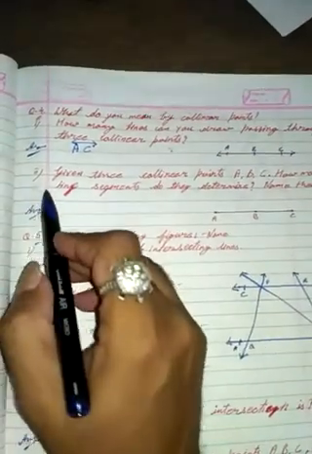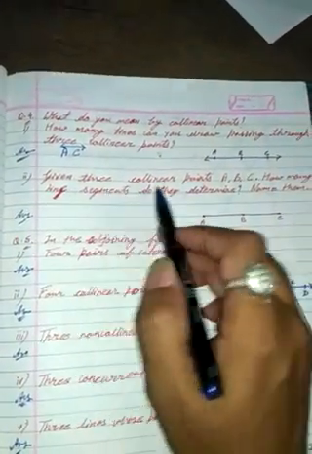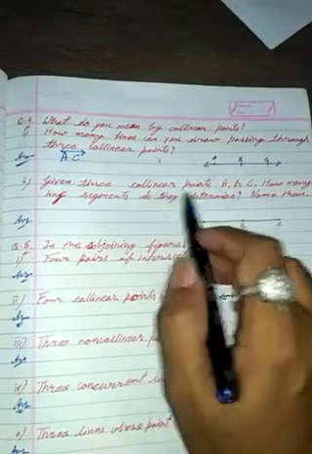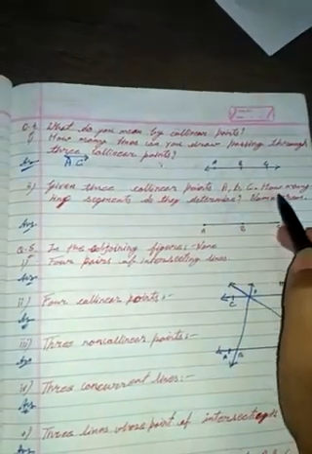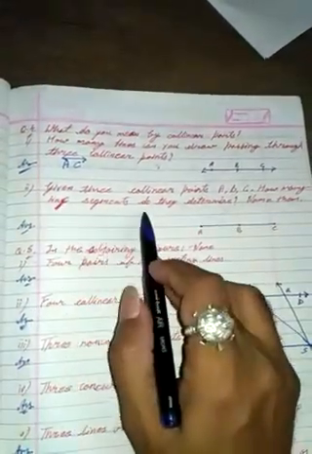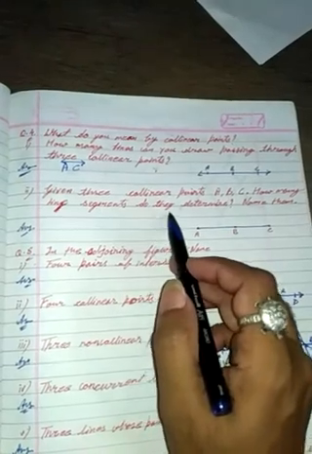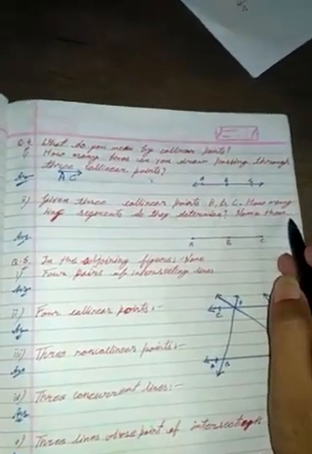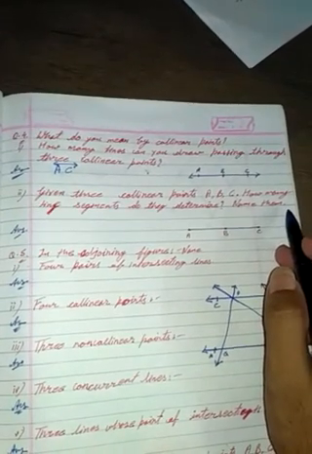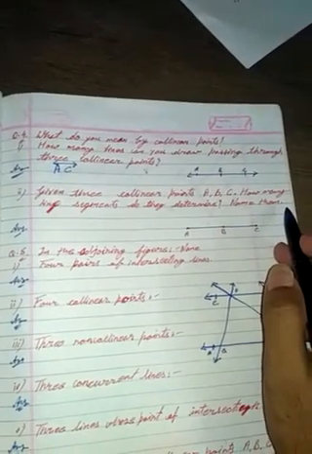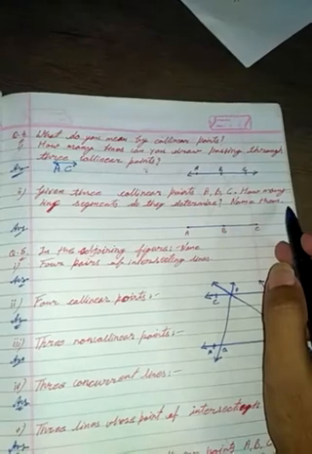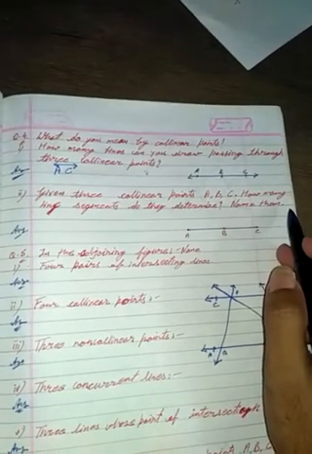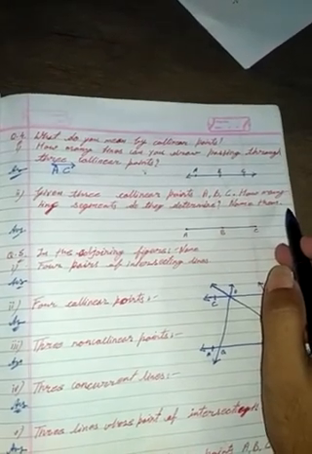Now second question: given three collinear points A, B, C, how many line segments do they determine? Name them. Now how are line segments done between two dots? So there are two line segments.